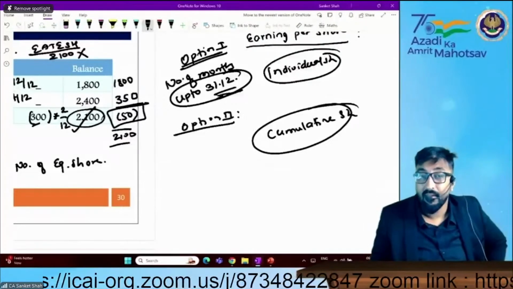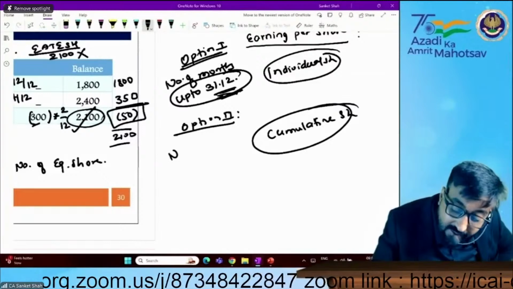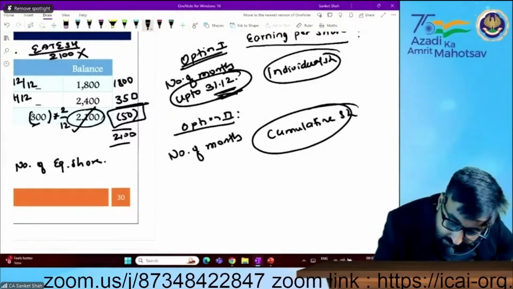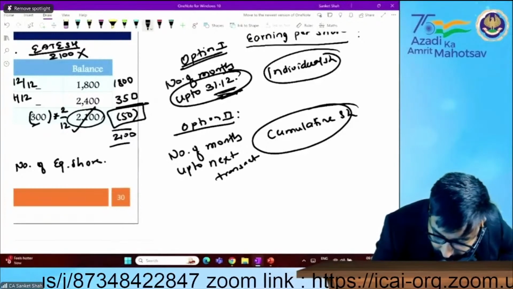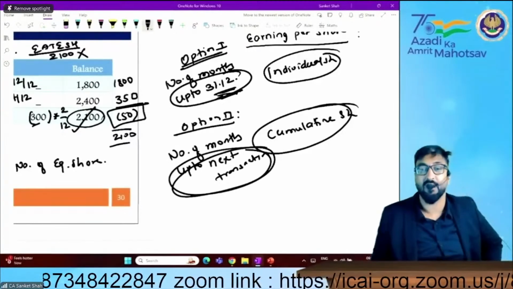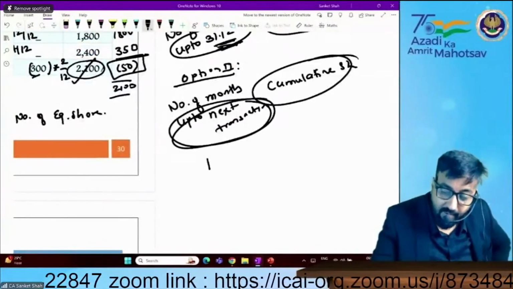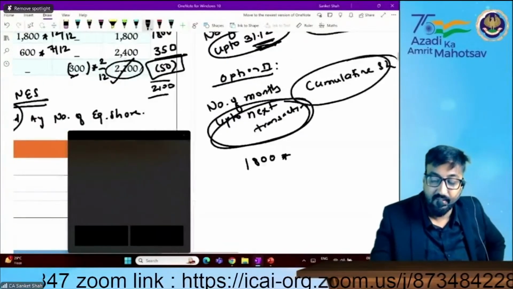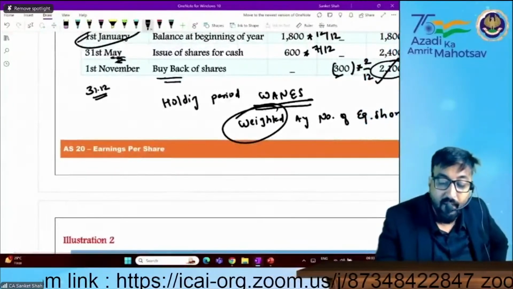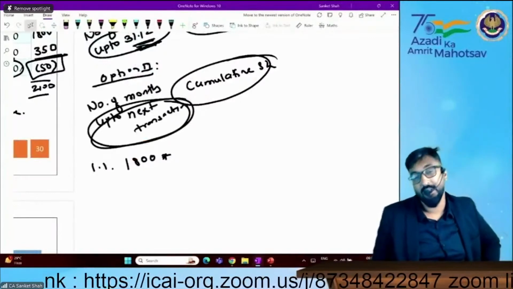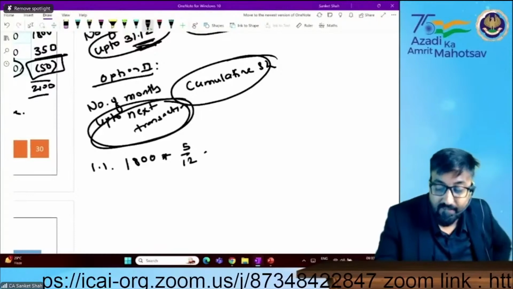Here, you won't consider up to 31st December. Here you will consider the number of months up to the next transaction. Sir, how? 1800 shares from 1st January up to 31st May. I have 1800 shares for how many months? 1st January to 31st May, 5 months.